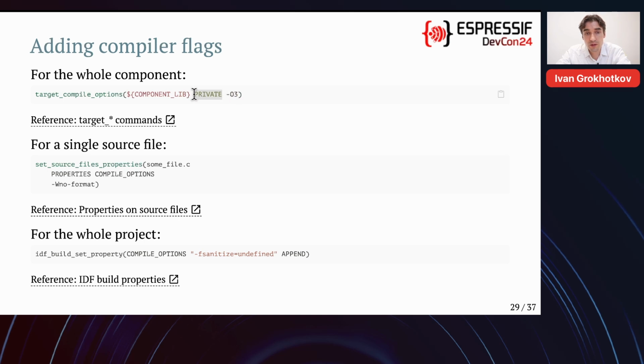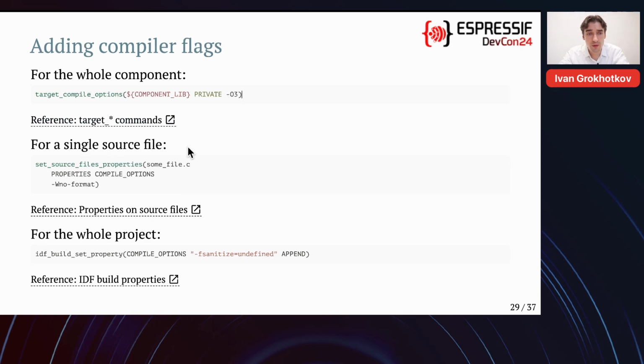If we use private, then the flag will only be added to the source files of the current component. If you use public, then the flag will be also added to this when compiling the source files of all the components which depend on this current component. You can check the CMake documentation reference about the target commands, not only include the ones about target compile options.